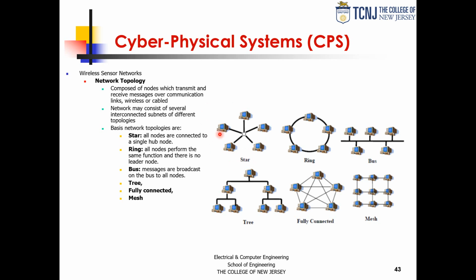So we have the star in which all the nodes in the network connect to a central hub, so every message has to go through this central entity. And the good thing is that if you lose one entity, the network remains intact as far as all the other nodes are concerned. Okay?